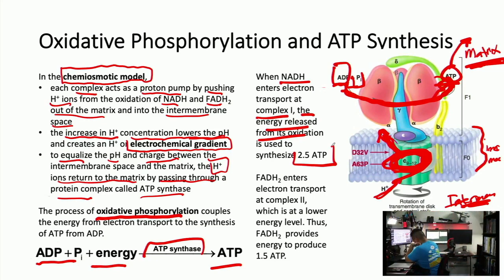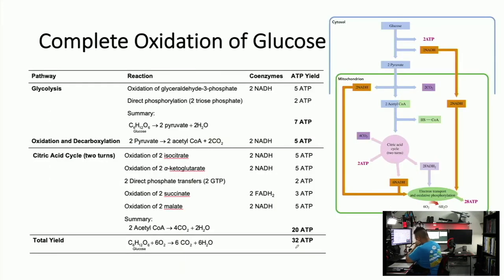For FADH2, though, from succinate dehydrogenase or complex 2, for every one of those, you can get out 1.5 ATPs, right? So let's put that all together now and calculate how much ATP we get from a single molecule of glucose, okay?